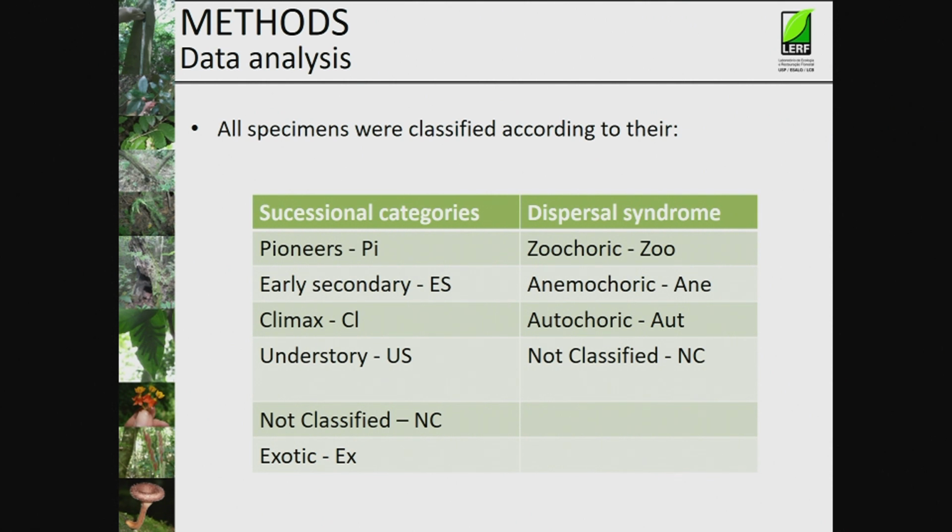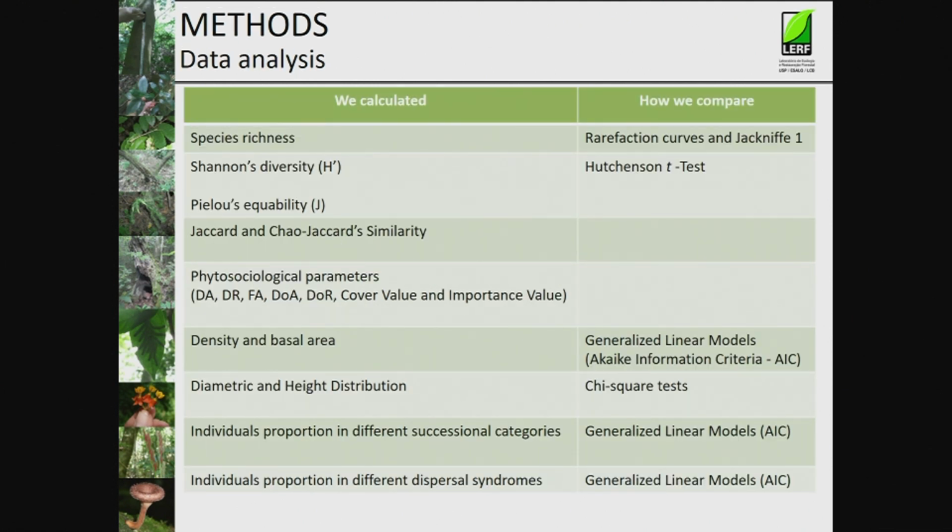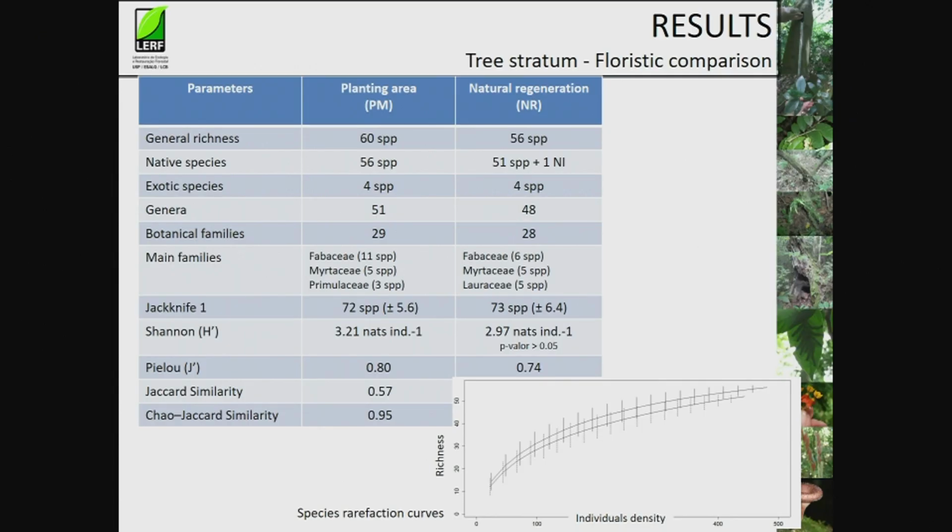All specimens were classified according to their successional categories and dispersal syndromes. And we calculated the floristic and structural metrics and the phytosociological parameters, as well as the individuals' proportion in different successional categories and dispersal syndromes.